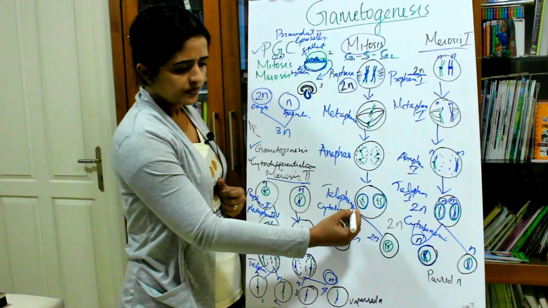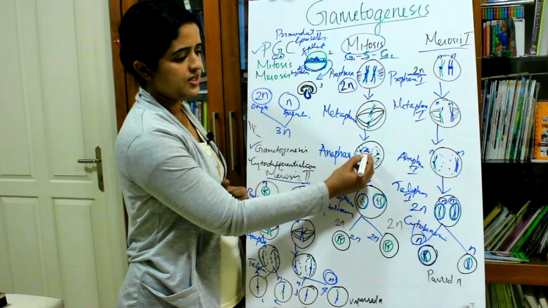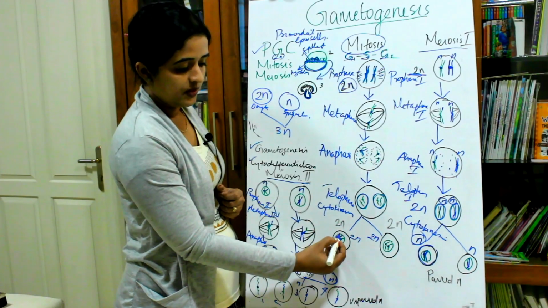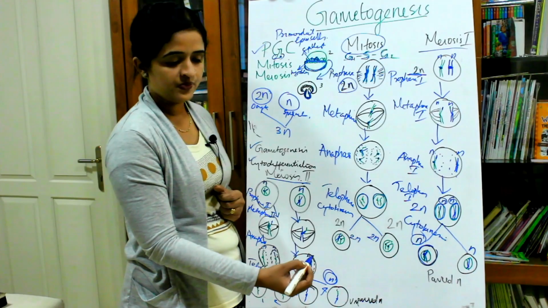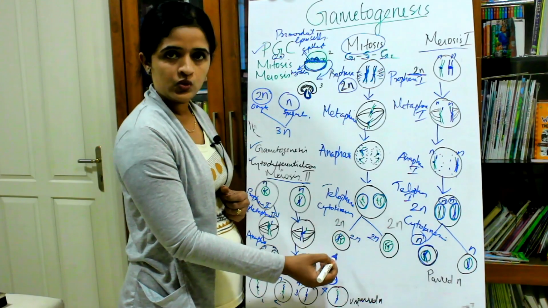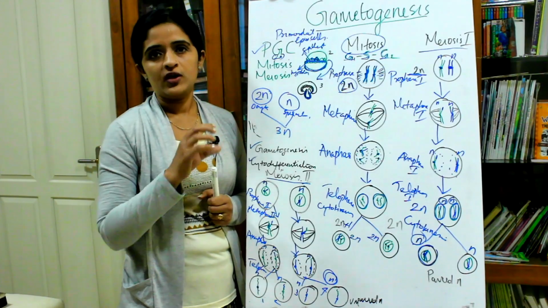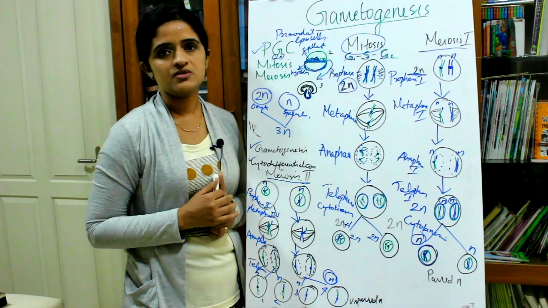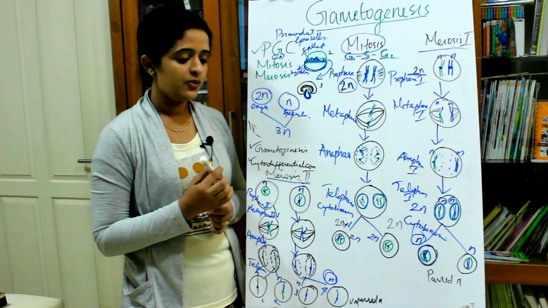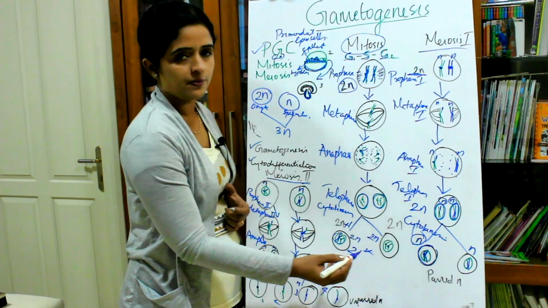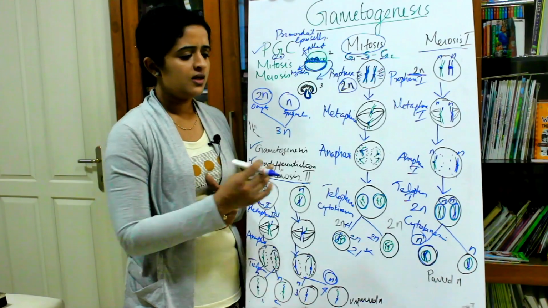In the same way, if one set is actually staying there without moving on to the next, there will be an extra chromosome. So there will be 2n plus an extra chromosome in one of the cells. So what do you call that condition? Suppose this extra chromosome is seen in the 21st chromosome, apart from the 2n number.